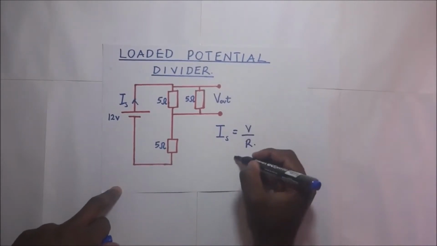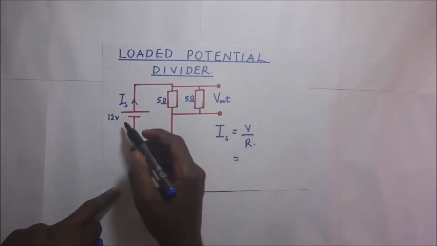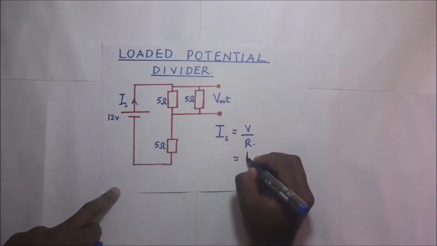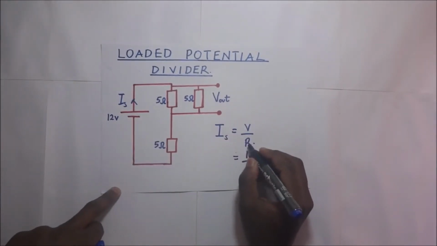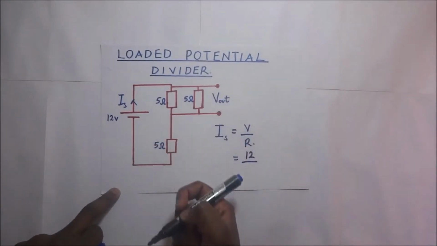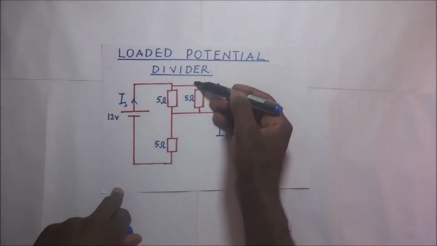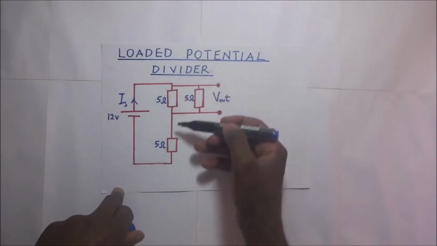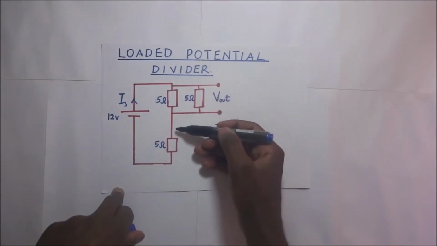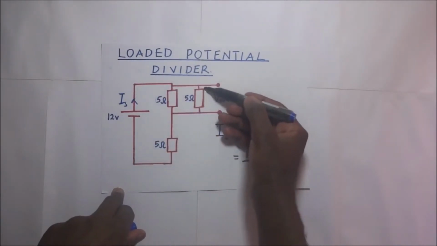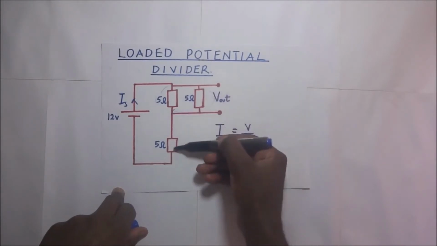Now, the V, which is the EMF, is 12, divided by the effective resistance in the whole circuit. To find the effective resistance in the whole circuit, we have this combination and then that combination. So this is a parallel combination, and this parallel combination is in series with this.